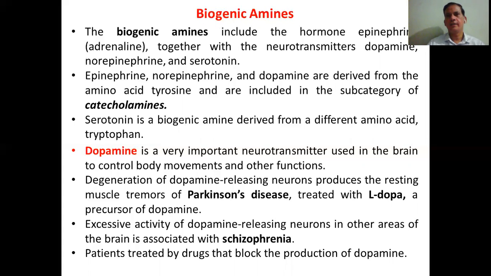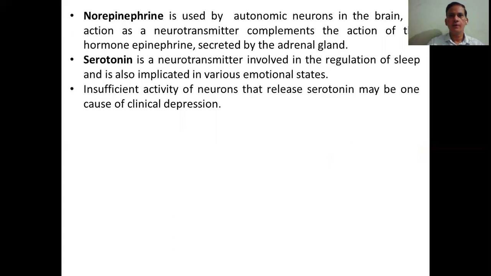Just inhibiting the production of dopamine is considered a treatment of schizophrenia. Norepinephrine is used by the autonomic nervous system and in the brain. It acts as a neurotransmitter and complements the action of the hormone epinephrine, which is secreted by the adrenal gland.